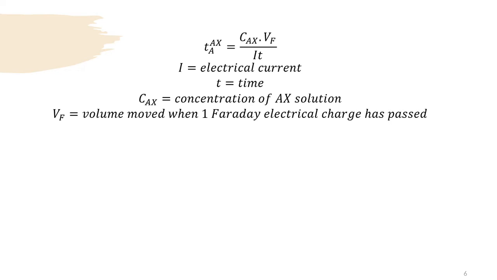Now, I want to talk about the volume moved, because in this experiment an electrolysis cell is being used, and you can't just consider the fact that you're going from one graduated line to another graduated line, because the volume has to be really precise. So we have to take that into account when you actually do the experiment, and there are some tricks in the lab that one has to do.